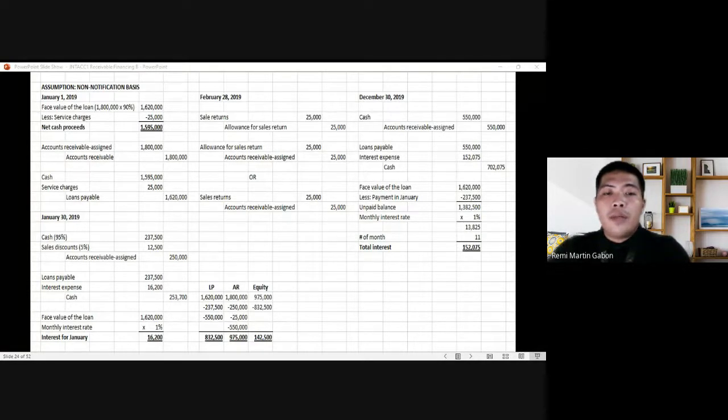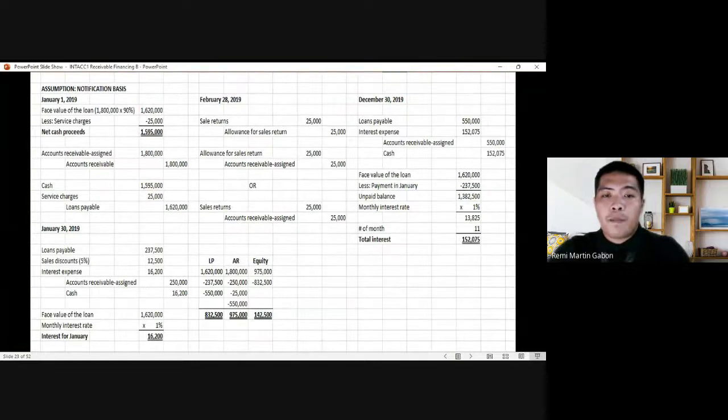So we have separate journal entries for the collection and the payment. However, under notification basis, since it is the 10th Bank that was able to collect the cash from the customers, the company no longer has to debit cash because the company did not receive cash anymore. Then how is the company going to record the collection?